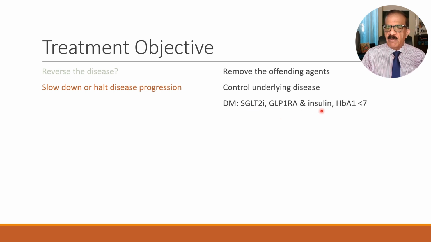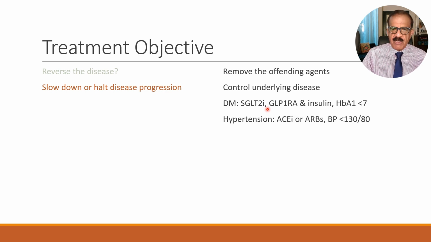Insulin should be very, very safe in kidney disease, but you need to know that you would probably require a lesser dose of insulin as compared to another person with the same degree of glycemia because of hypoglycemia risk. Initially, when we use SGLT2 inhibitors, there would be some drop in GFR. So you will obviously monitor them.